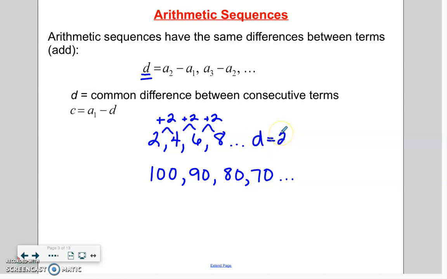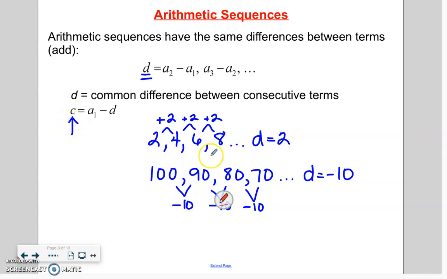We would say that D is equal to 2, meaning the common difference is to add 2 each time. In the second example, the pattern is taking away 10 each time. And so we would say that the D value, the common difference, would be equal to negative 10, just to say take away and not add. Make sense?